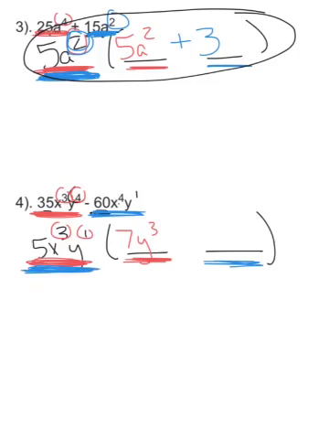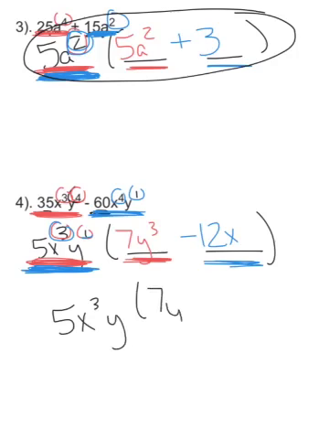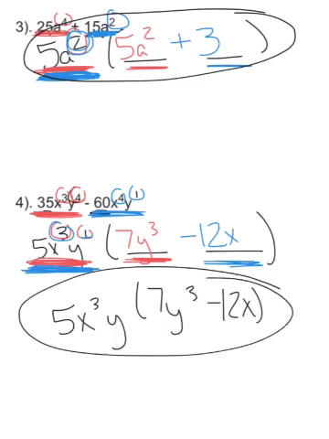So negative 60 divided by 5 is negative 12. Subtract your x's. So 4 minus 3 would be 1x. Subtract your y's. 1 minus 1 is 0, so no y's. So this is your final answer, 5x cubed y times the quantity of 7y cubed minus 12x.